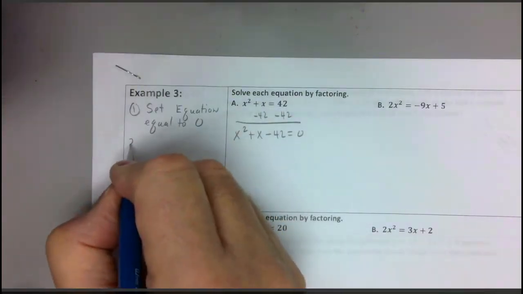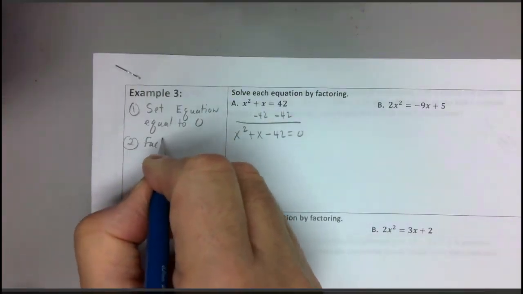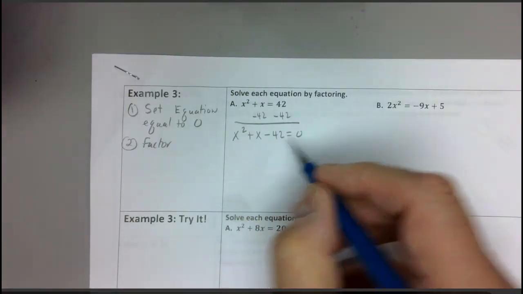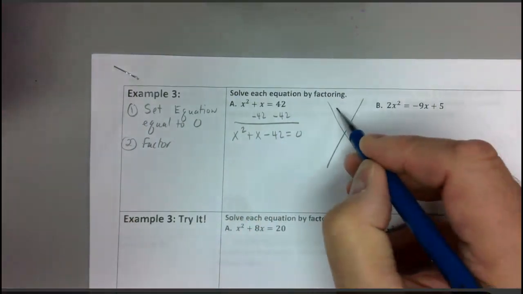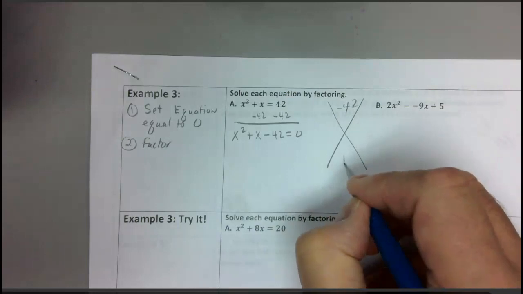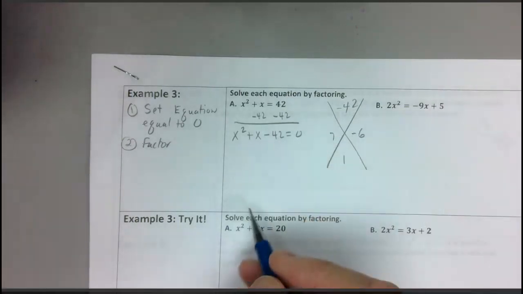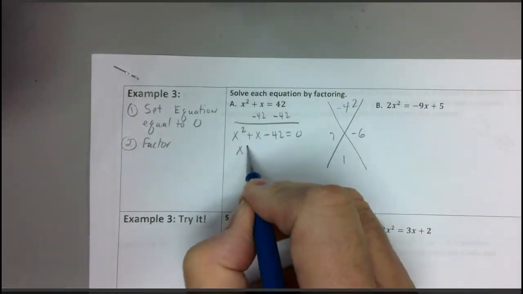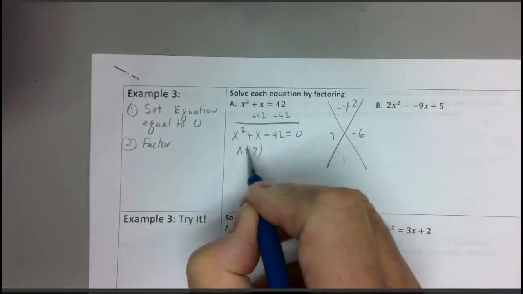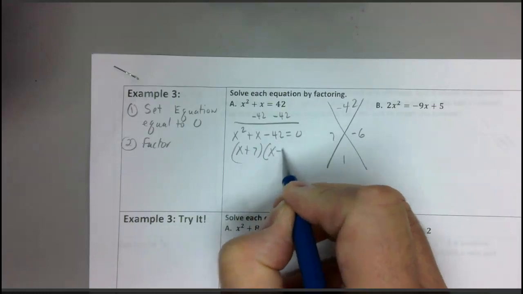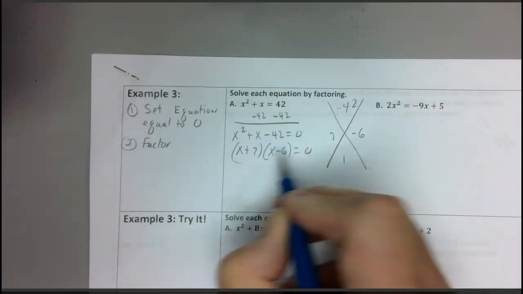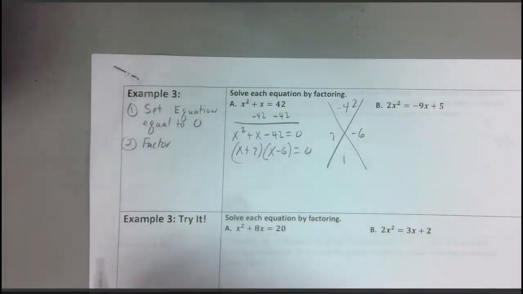Then you're going to factor it. So we can unfoil this baby. -42 and 1. So 7 and -6. So then this thing factored to x plus 7, I'm unfoiling, times x minus 6. X plus 7, x minus 6, okay?